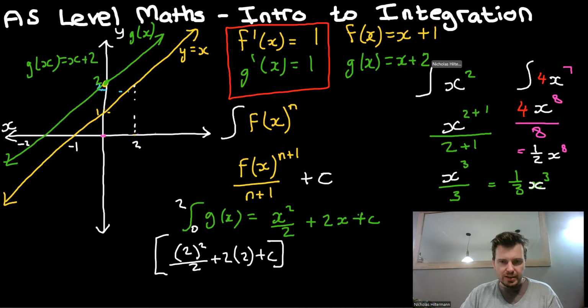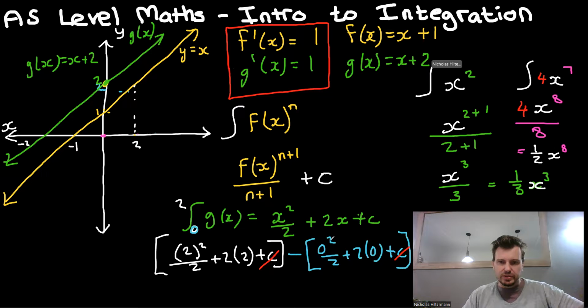And we'll subtract the other one, so we'll make it from 2 to 0. And we'll subtract the 0 squared over 2 plus 2 times 0 plus c. And we notice that the c's will cancel when we subtract.